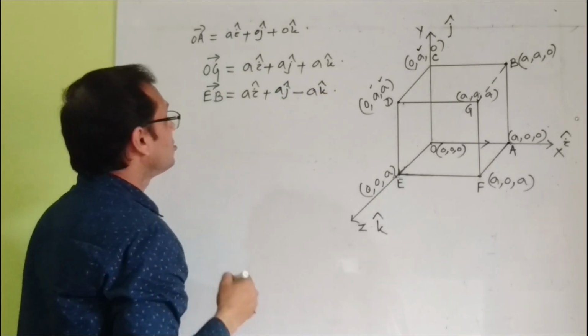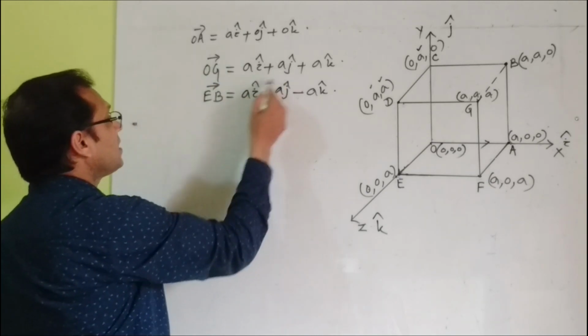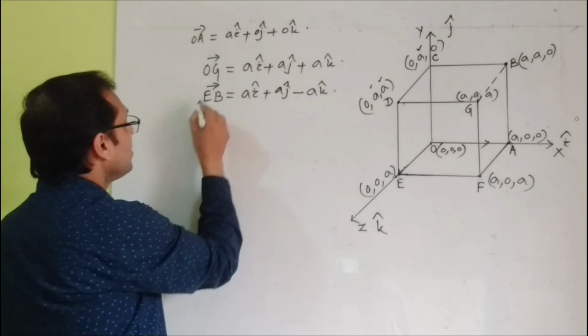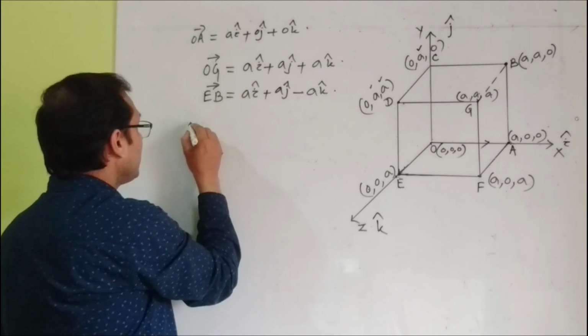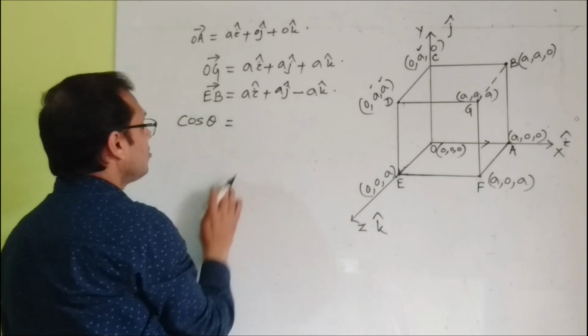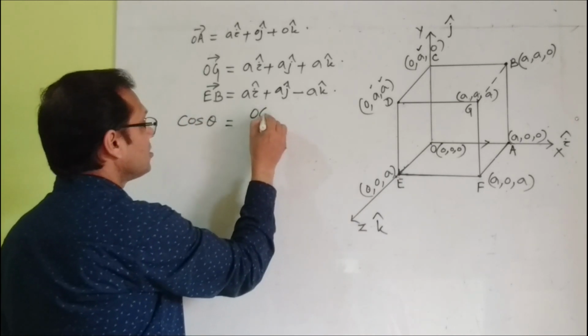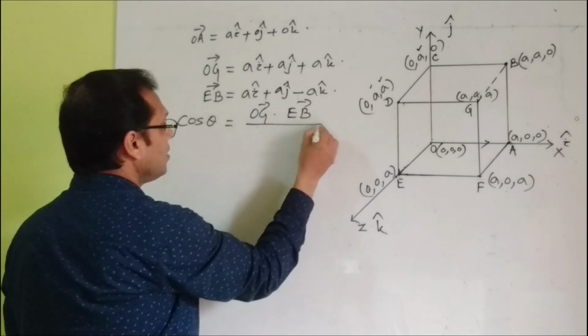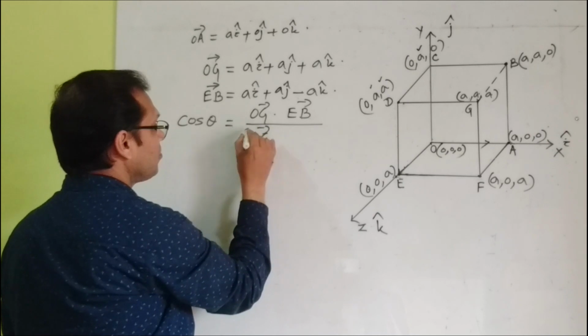So we have written OG vector and EB vector already. Now we have to find the angle between them. Let the angle between them be theta. Then cos theta, according to the formula, is their dot product, OG vector dot EB vector, divided by the product of their magnitudes.